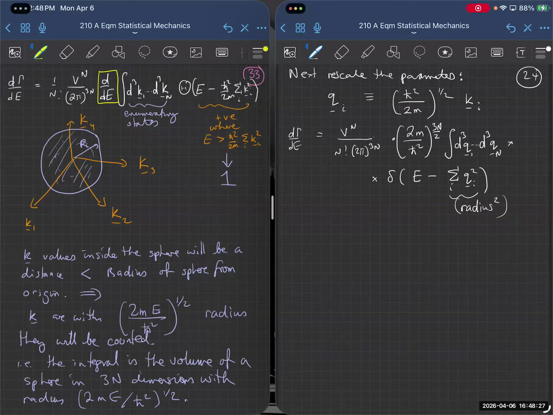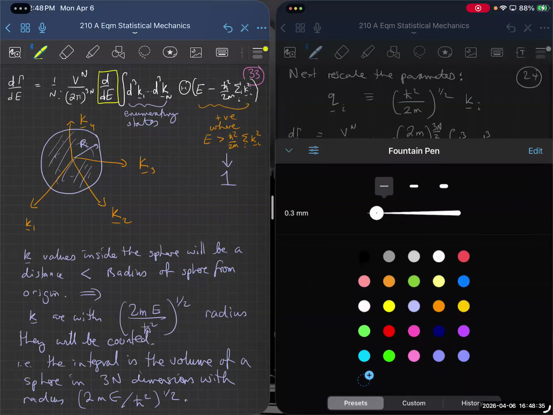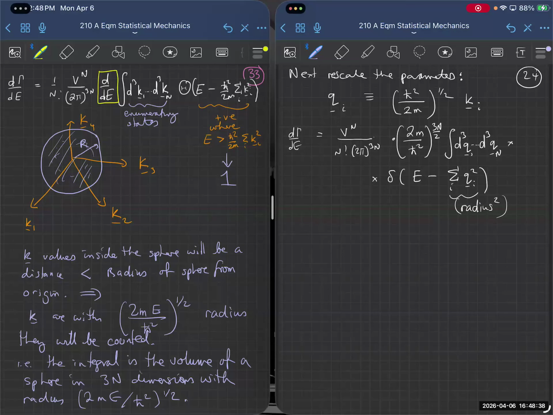So we're going to just count how many values of q have radiuses that sit exactly on the sphere of radius E. So what we're counting then is the surface area of a 3n dimensional sphere. And the radius, well, this is the radius squared, so the radius is going to be the square root of E.